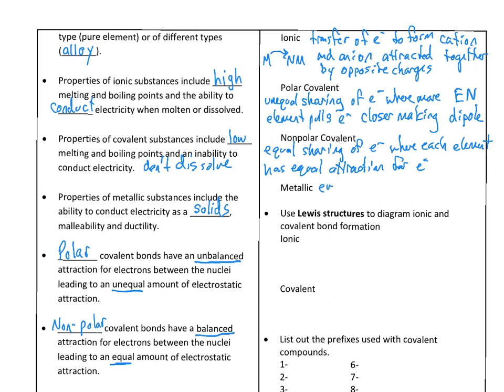So this was every metal atom has an attraction to the sea of electrons that are all around. And that's it. So the rest of this sheet we will finish after we finish this next section.